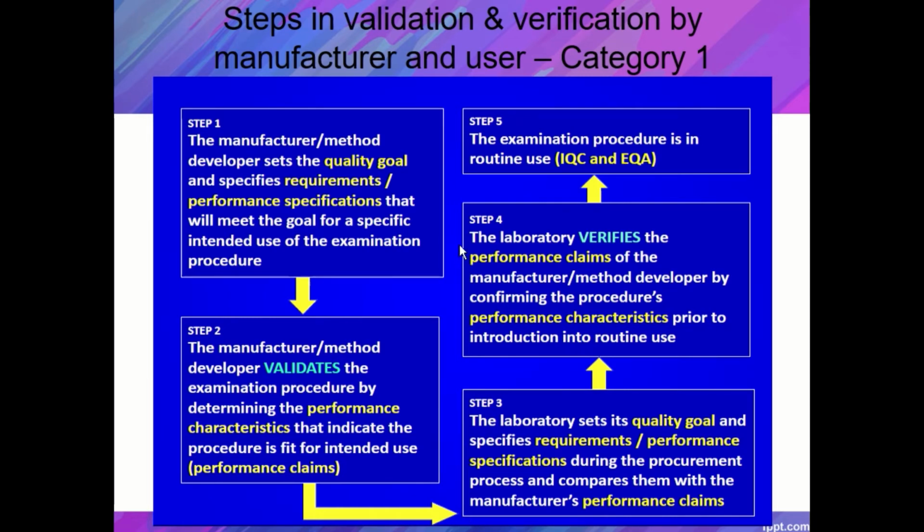And then the laboratory verifies the performance claim of the manufacturer or method developer by confirming the procedure's performance characteristics prior to introducing it into routine use. And finally, the examination procedure is in routine use and will be monitored continuously by using IQC and EQA.